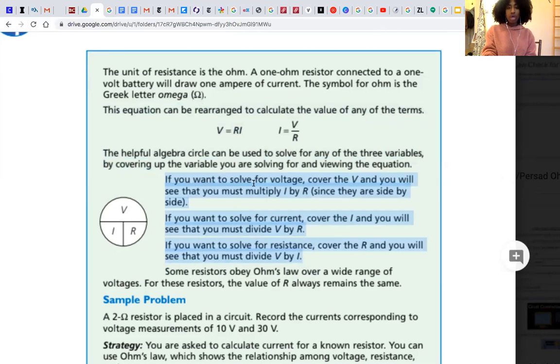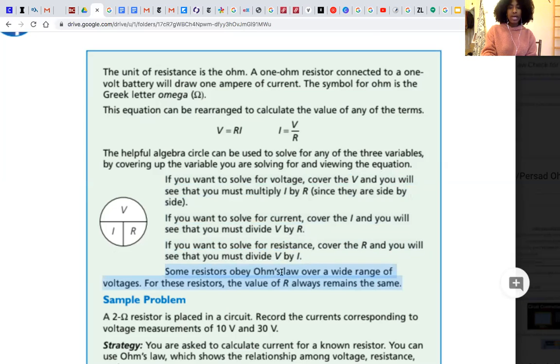If you want to solve for voltage, cover the V and you will see that you must multiply I by R since they are side by side. If you want to solve for current, cover the I and you will see that you must divide V by R. If you want to solve for resistance, cover the R and you will see that you must divide V by I.